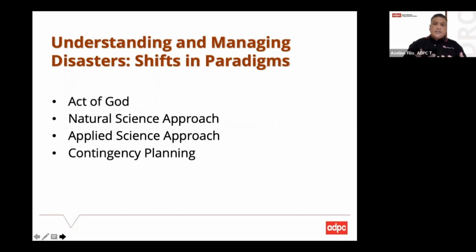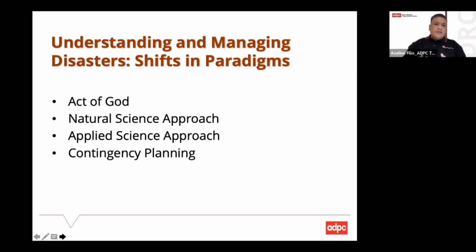But in the context of managing disasters, contingency planning is scenario-based, meaning, are we prepared for a worst case scenario? For example, in preparation for the flood or heavy rains, you prepared provisions and evacuation for 200 families.